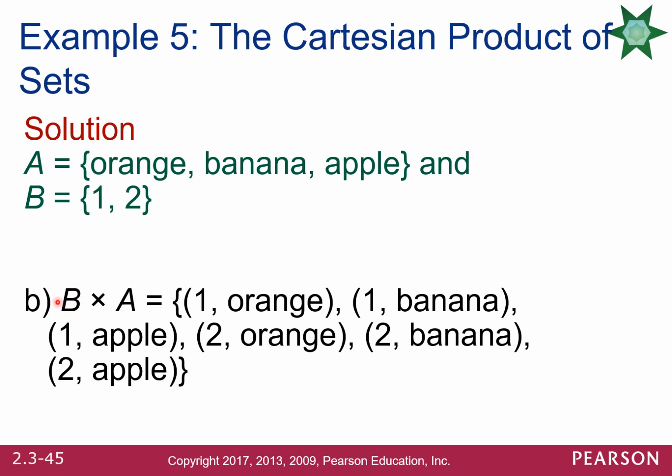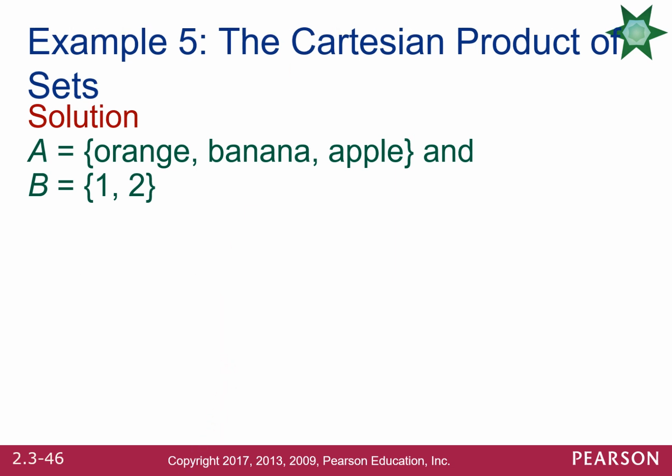So we will take each element from B and combine it with all the elements in A, and thus we'll have 1 orange, 1 banana, 1 apple. And then we start with 2 from set B and pair that up with all the elements in A. So 2 orange, 2 banana, and 2 apple.